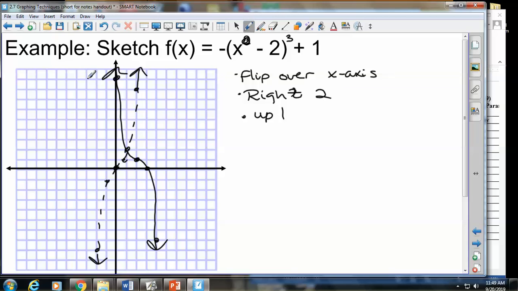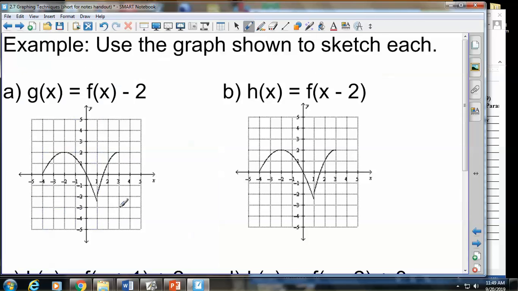We're going to talk about a few more things. The next slide, we have to use transformations, but I didn't tell you what the parent function was. I gave you a picture of the parent function. So we have to be able to look at that graph and move it. I might put these questions on the test just to make sure you can do it without a graphing calculator, because you don't have a function to plug into your graphing calculator, so you have no way to check your work on these.